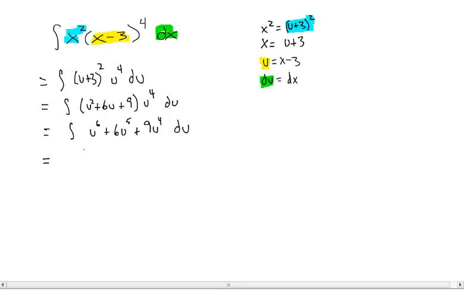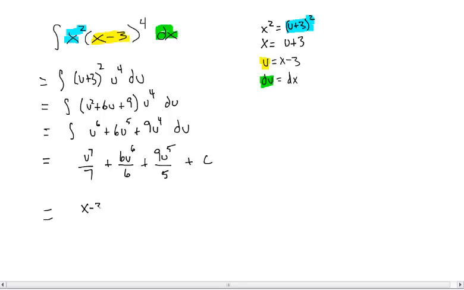And now we can use the power rule on each piece. So we're going to add 1 to the exponent and divide by the new exponent for each one. u to the 7th divided by 7 plus 6u to the 6th divided by 6 plus 9u to the 5th divided by 5, plus our constant of integration. Now for indefinite integrals, we need to replace our u with our x variable. So we have u is equal to x minus 3.